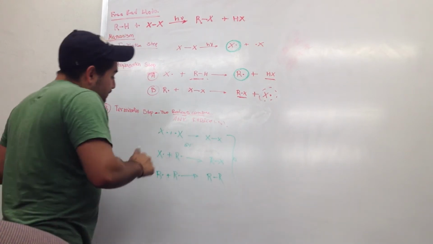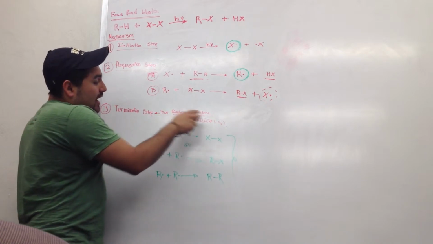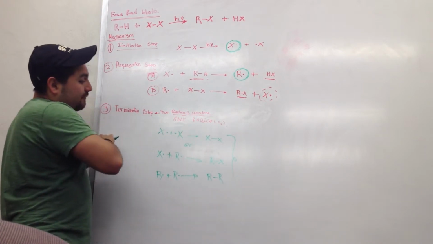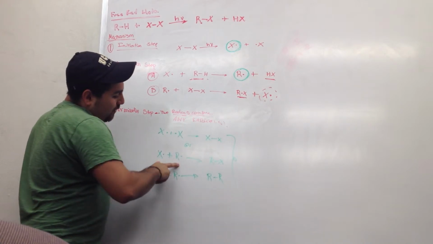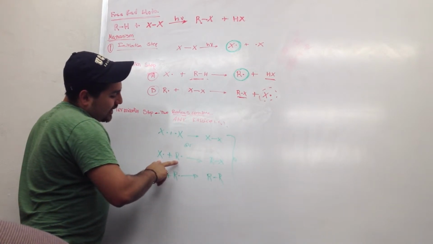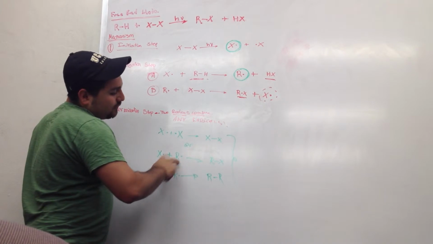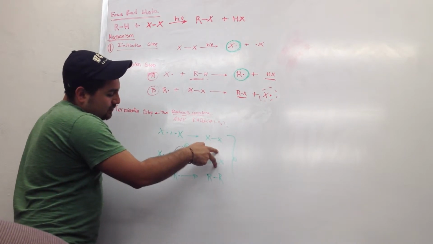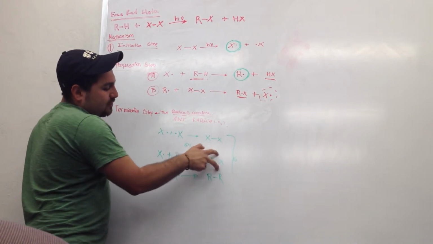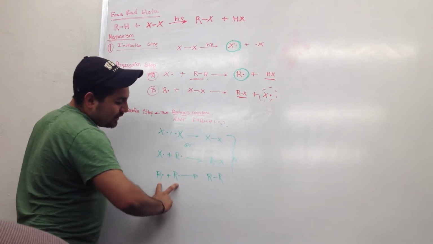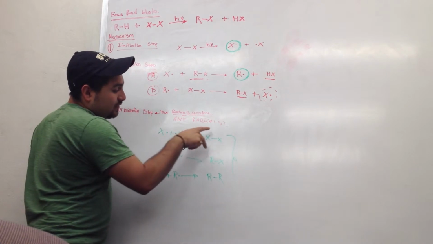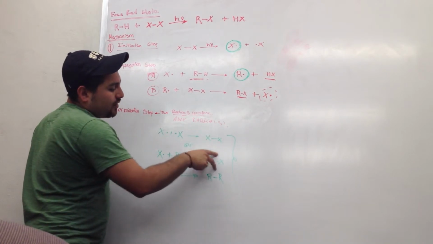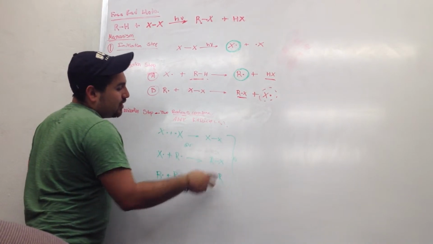Two radicals combining to form a product. I have two halogen radicals forming molecular halogen; a halogen radical and an alkyl radical forming an alkyl halide; or two alkyl radicals forming an alkane. Two radicals, one product, two radicals, one product, two radicals, one product.